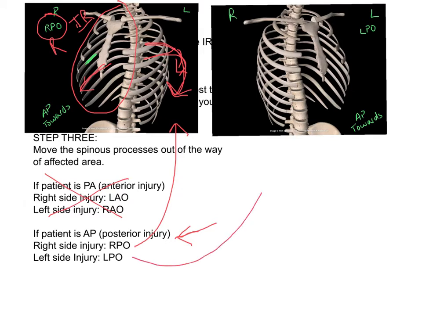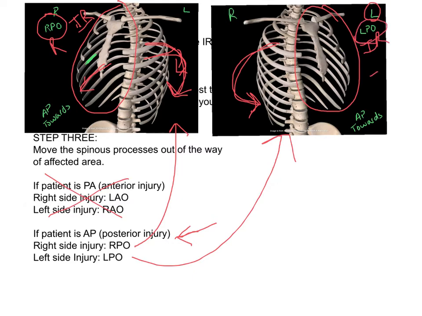The opposite of that would be our LPO. We've moved our spinous processes away from the site of injury, which is our left. We've elongated the left. And by moving these away from the site of injury, we've put our left side closest to the IR, which gives us an LPO position.